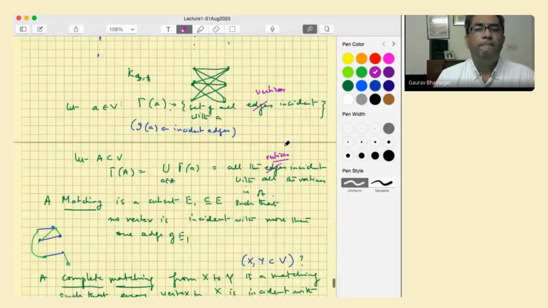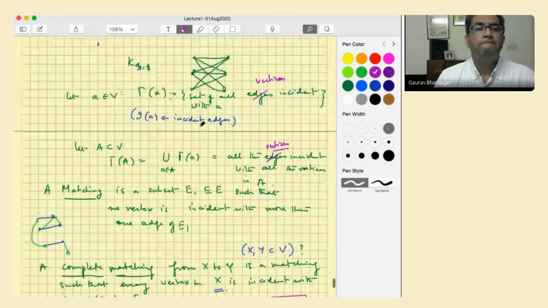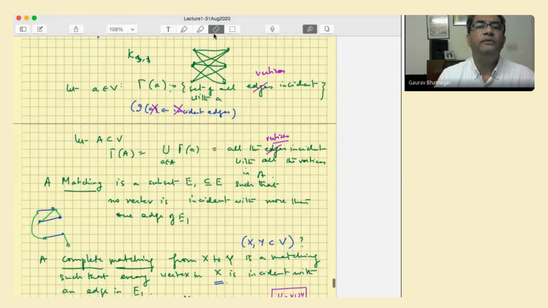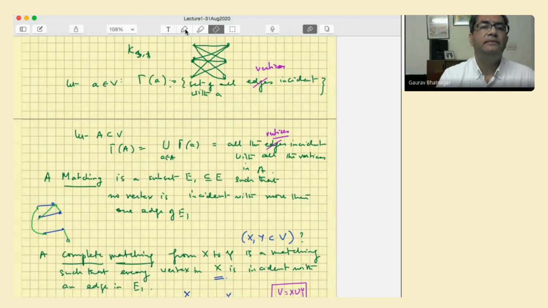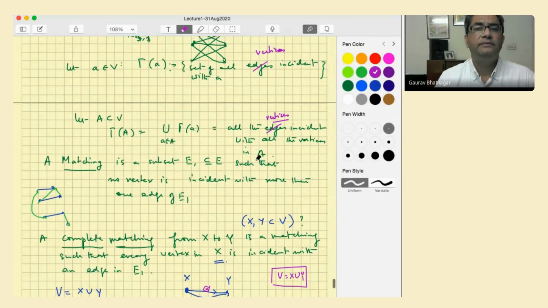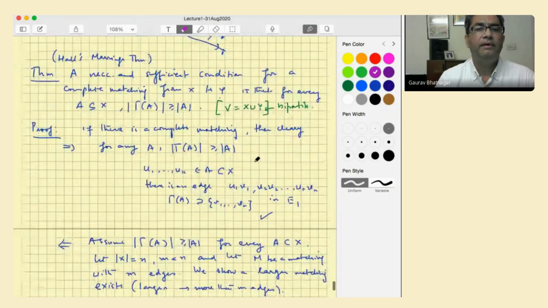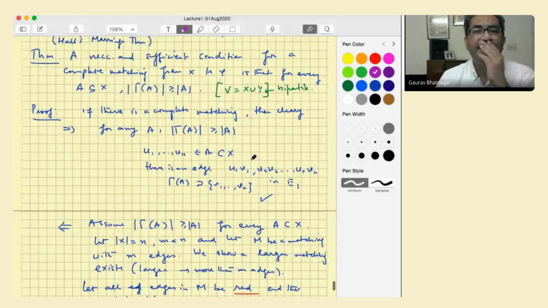So this is not incidence, that's why it's not using gamma. Okay, so let's go back. Yeah, what was the question?